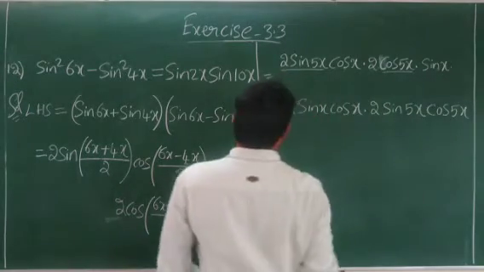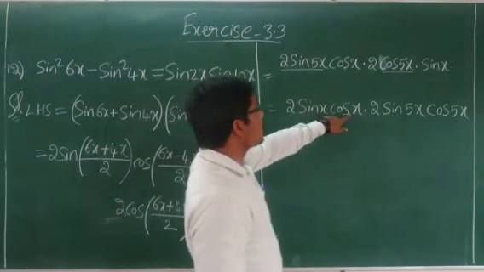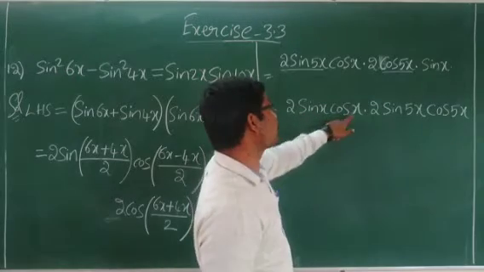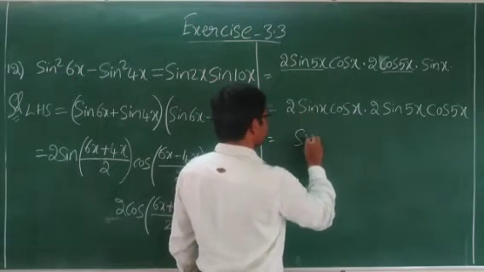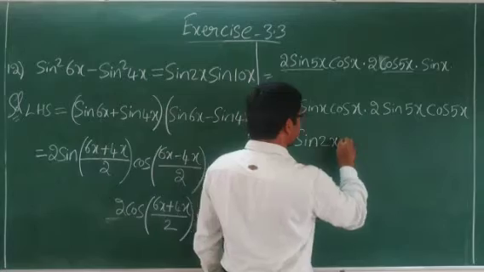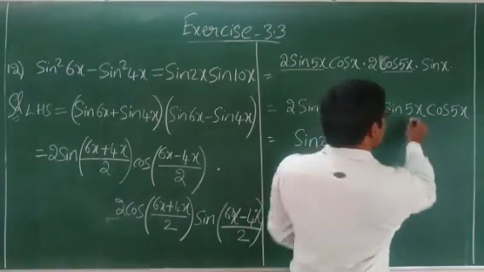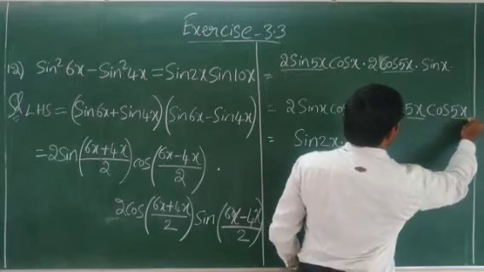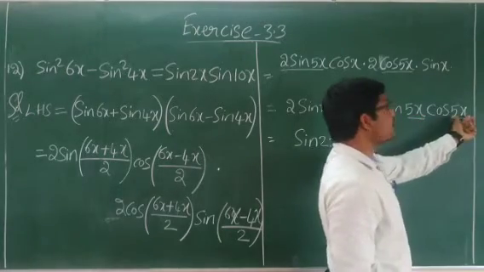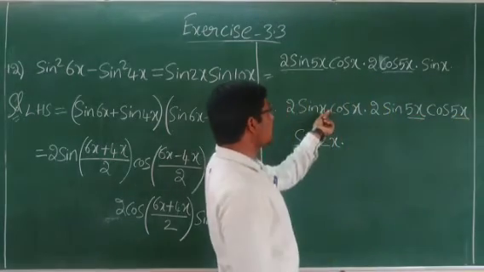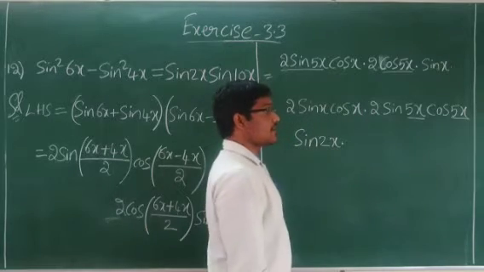Now this is in the form of 2 sin theta cos theta, that is sin 2 theta. These values must be same. Here it is 5x, here also it is 5x only. Here it is x, here also it is x only.